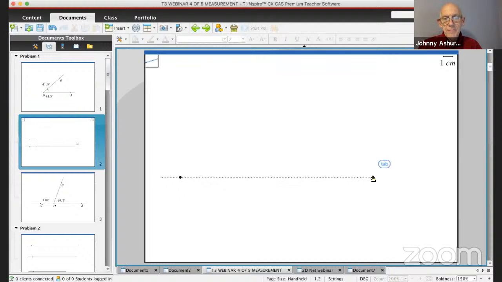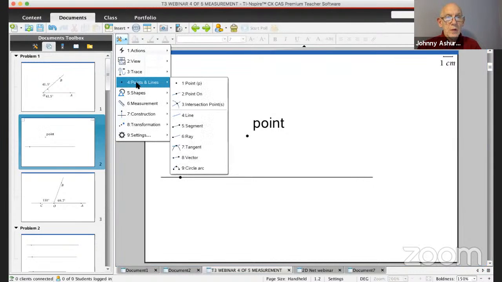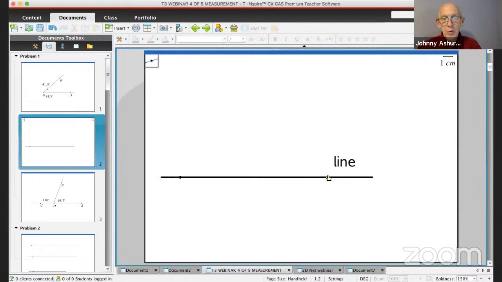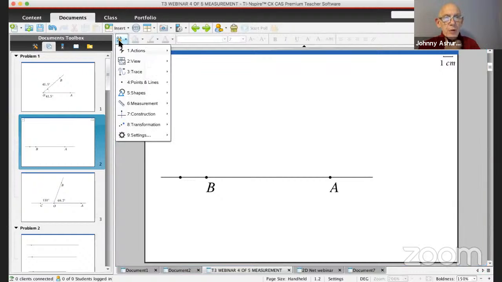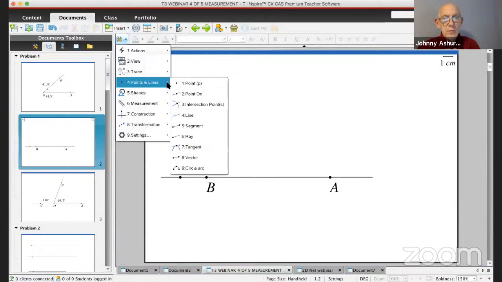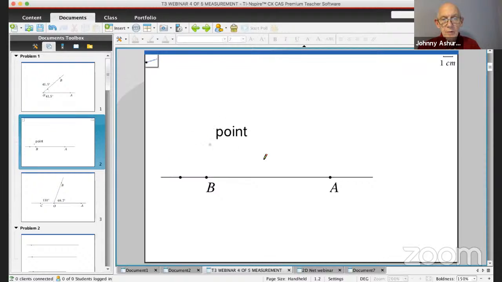And on that line, I'm going to place a couple of points. And those points I'm going to label A and B. So I've got a question for you. Would you mind if I place a ray where its starting point is simply between A and B?